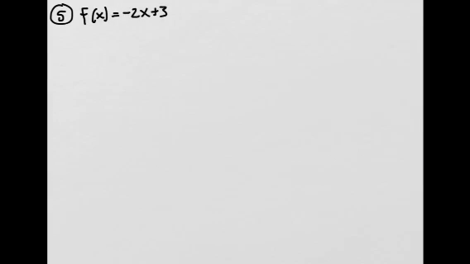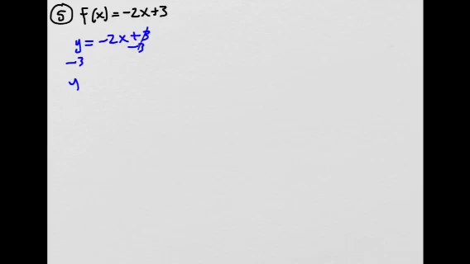Okay, so for number 5, f of x equals negative 2x plus 3, we're going to find its inverse, use composition to prove that the inverse is correct, and then we're going to graph both of them on the same x and y plane. Okay, so first thing, replace f of x with y, and then we're going to solve for x, so that means subtract 3.